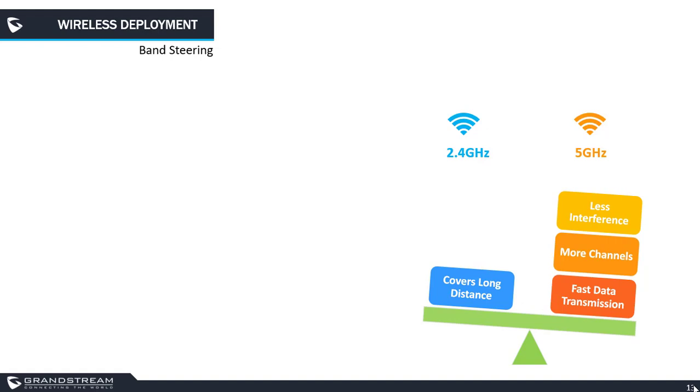In general, the main differences between the 2.4 gigahertz and 5 gigahertz bands are speed and range. While the 5 gigahertz band provides a higher data transmission rate, 2.4 gigahertz covers a larger area but sacrifices speed.